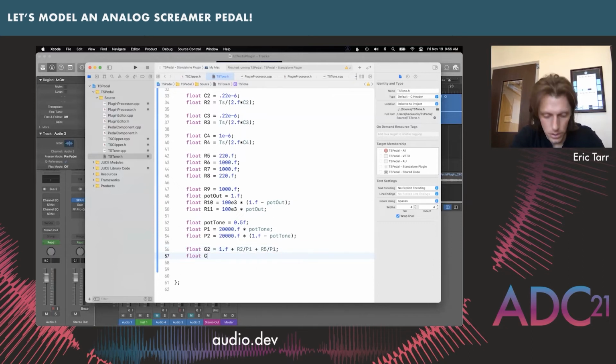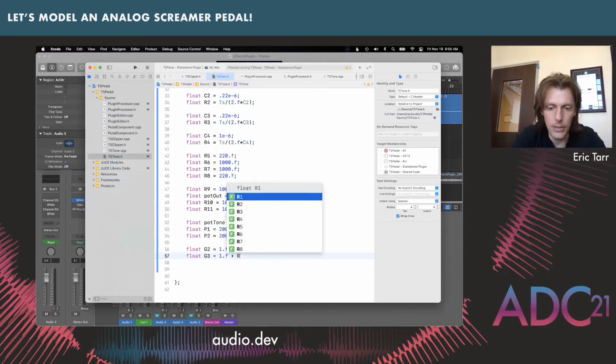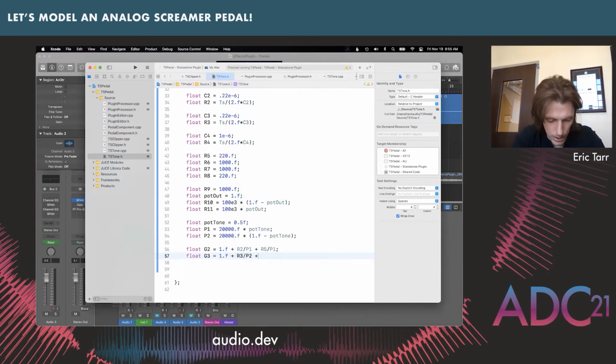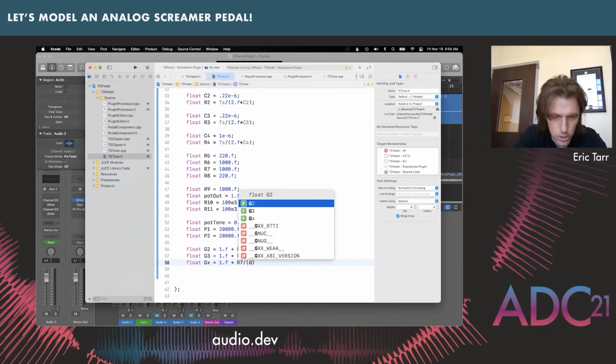Float G2,3 equals 1 plus R3 divided by P2 plus R8 divided by P2. Float Gx is 1 plus R7 divided by G3 times P2.